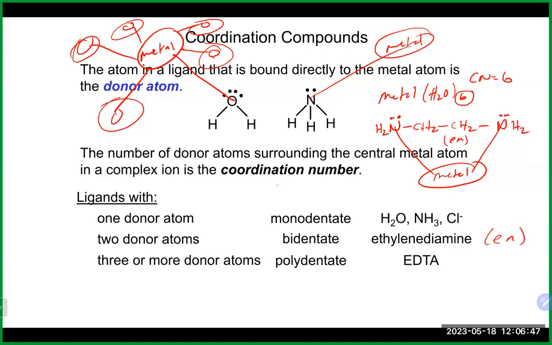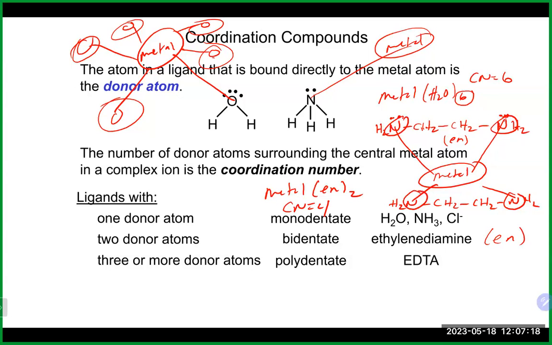So if you had a metal that, say, in a formula just said 2 of those, the coordination number here would actually be 4. And that's because you technically would have another molecule of it where those 2 nitrogens would attach, and now you have 1, 2, 3, and 4 atoms attached directly to the metal in the middle.